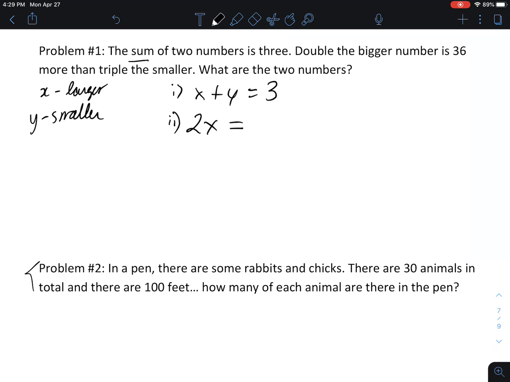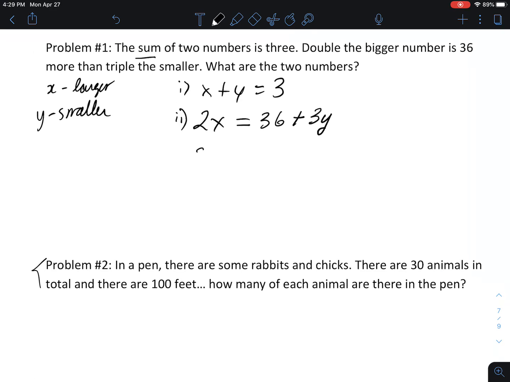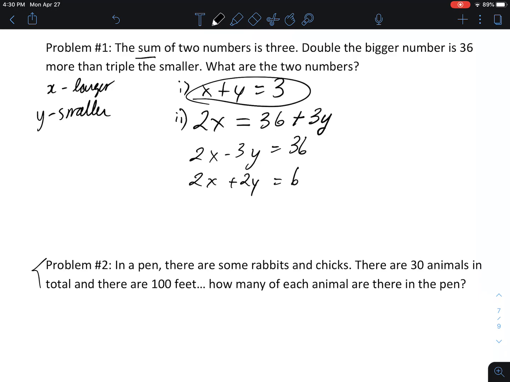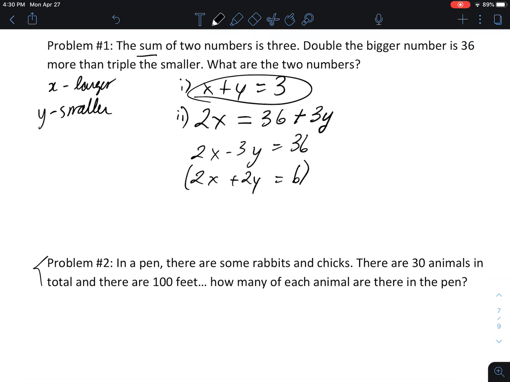So the word sum means I'm adding. x plus y is 3. Double the bigger number is 36 more than triple the smaller. What I might do is rearrange the second equation to get 2x minus 3y is 36. And then this one, I'm going to double it underneath: 2x plus 2y is 6.